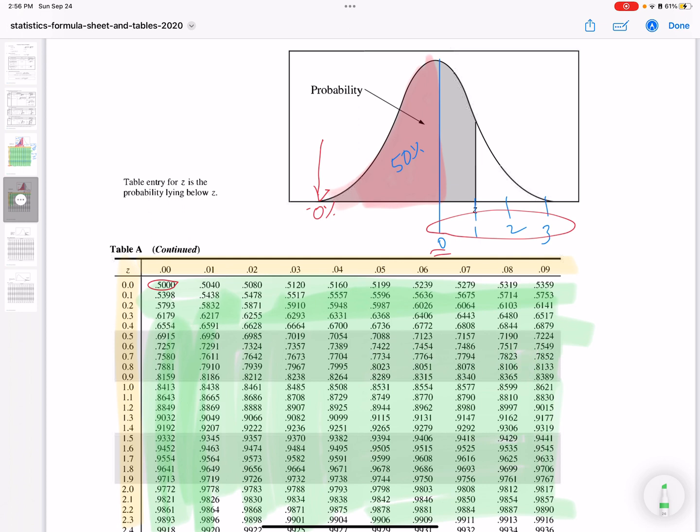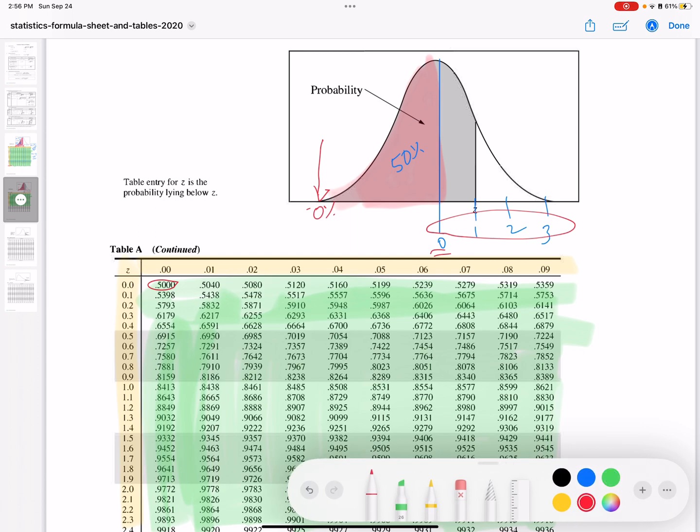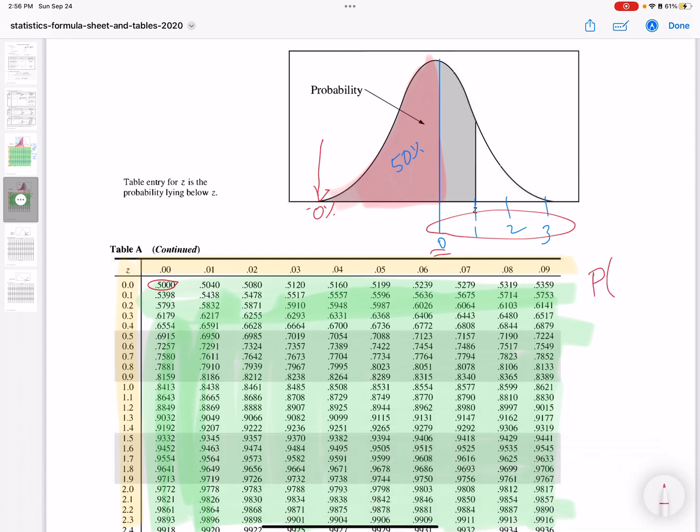Okay, so if I said, please find me the percentage that corresponds to the z-score, let's just do the probability that the z-score is less than 2.3. So we're gonna go to 2.3. So 2.3 is here.